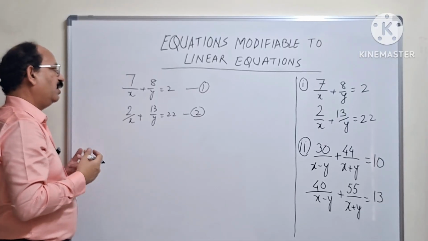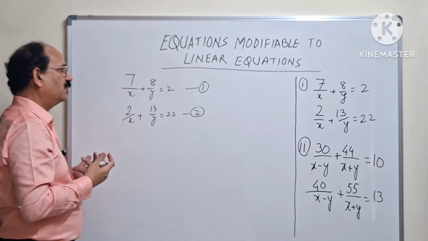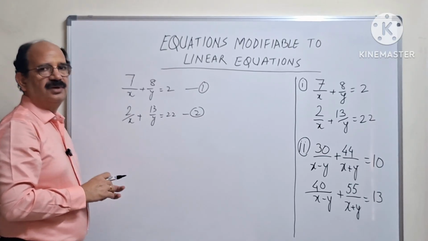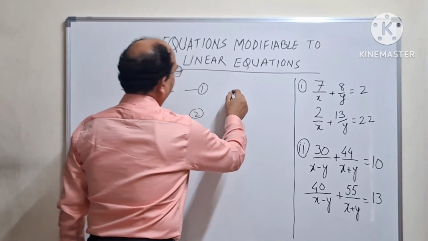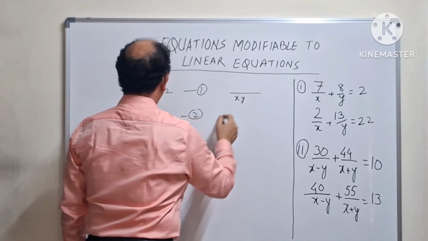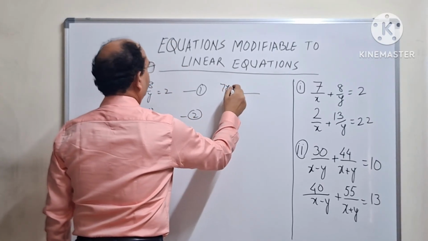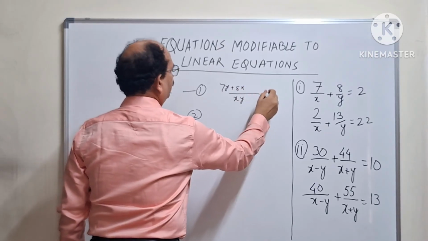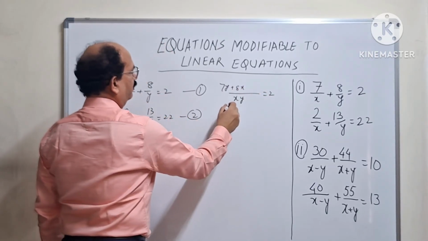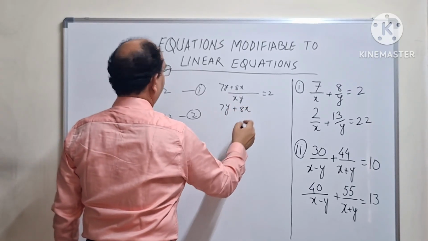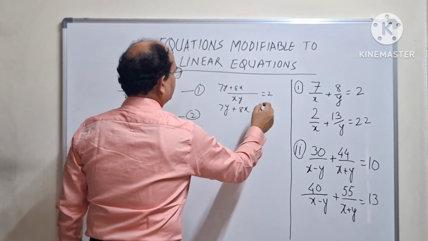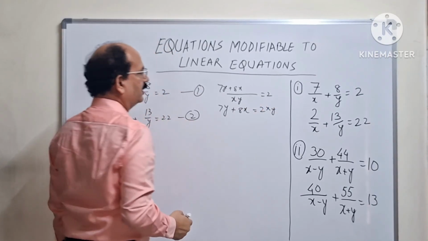Now if you apply the normal way of solving these kinds of equations, you will get stuck. For example, if you take the LCM, then you will be converting this into xy, and then 7y plus 8x is equal to 2. And if you further extend this, you will be getting 7y plus 8x is equal to 2xy.